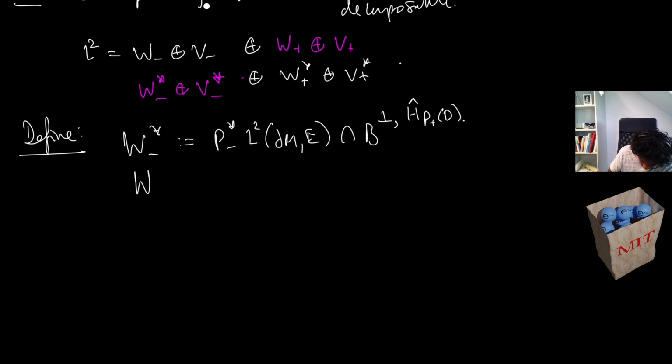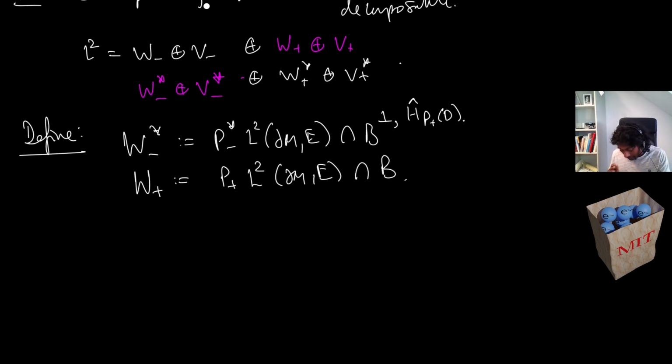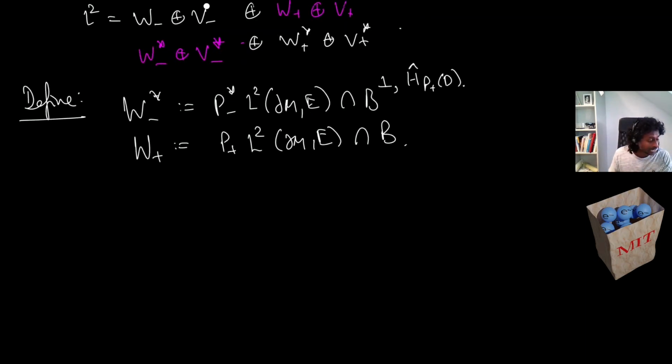We'll talk about these quite thoroughly in a moment. Now I'm going to write W plus as P plus of L2 intersect B. Again, B is in H half, so the subspace W plus has to be in H half. Of course, we have to assert that they're finite dimensional, and that will come.